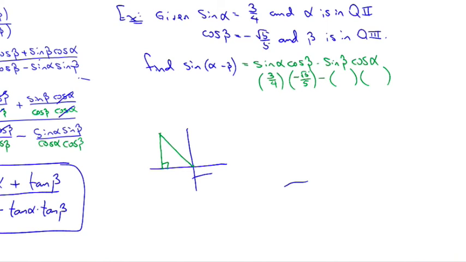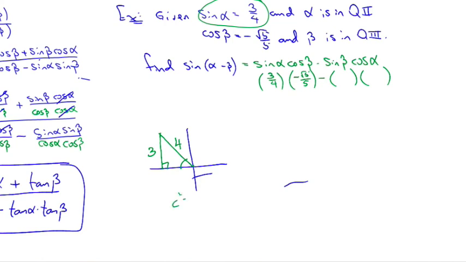So where's the 3 go? Sine of alpha equals 3/4, which is opposite over hypotenuse. If this is my reference angle for alpha, opposite would be right there, and hypotenuse would be 4 here. How do I find the third side?